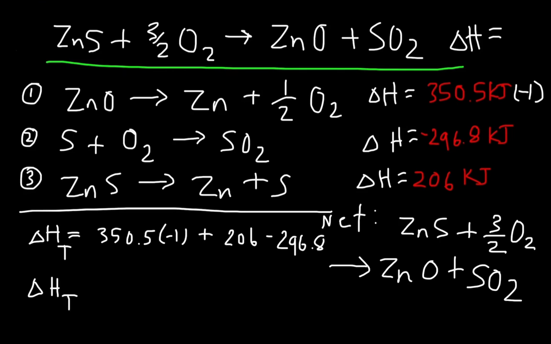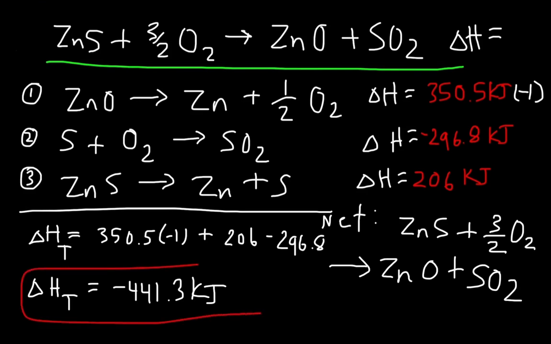And now therefore the enthalpy change of this reaction, if you add these all up, you should get -441.3 kilojoules. So this is the enthalpy change of this reaction here.